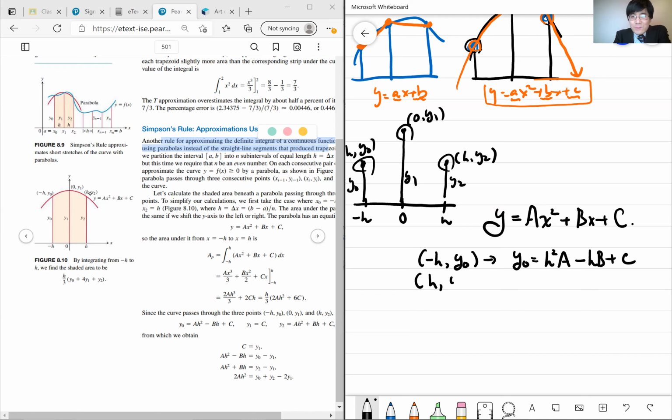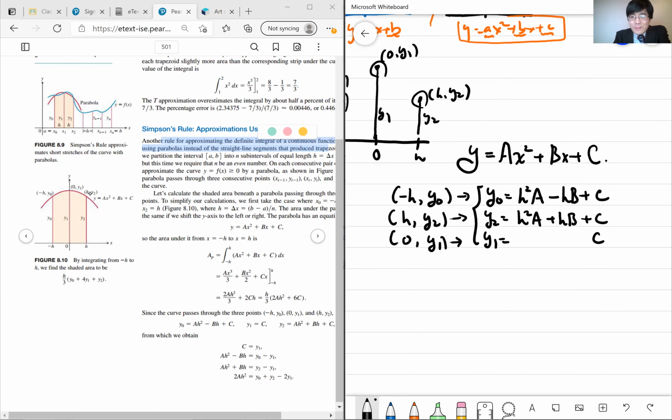Also, it goes through h comma y2, so y2 is equal to h squared a plus hb plus c. And 0 comma y1 gives y1 is equal to c. We need to solve this system of equations for a, b, c.